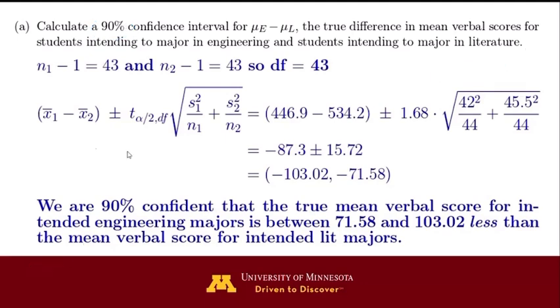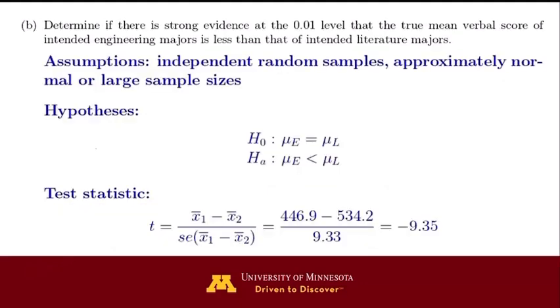Now the next is, can we also have a way to conduct hypothesis testing on this? Of course, this time around, they want to determine if there's strong evidence at the 0.01 level that the true mean verbal score of intended engineering majors is less than that of intended literature majors.